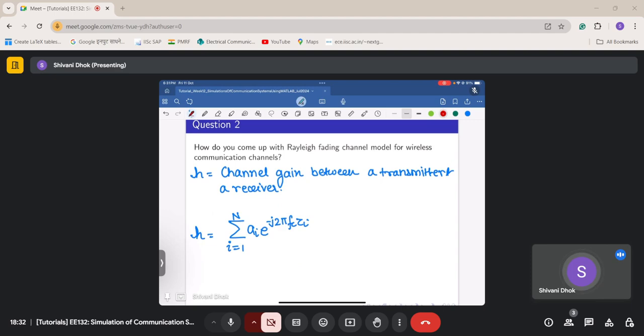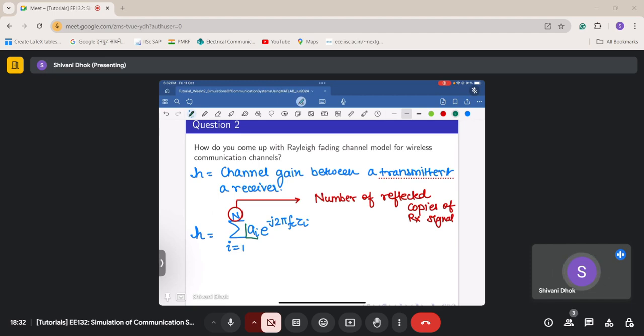This n indicates the number of reflected components, or reflected copies of the received signal, or the number of paths.